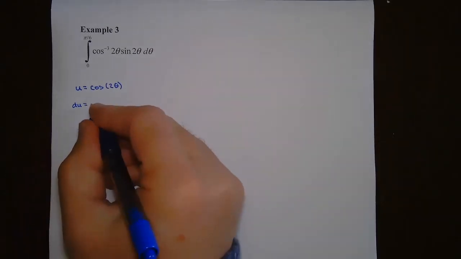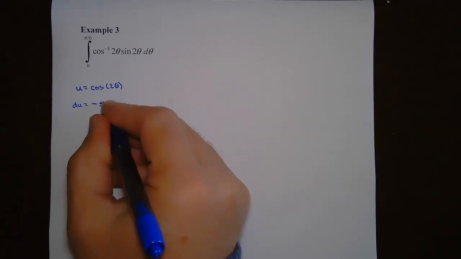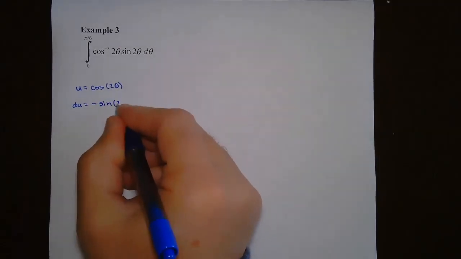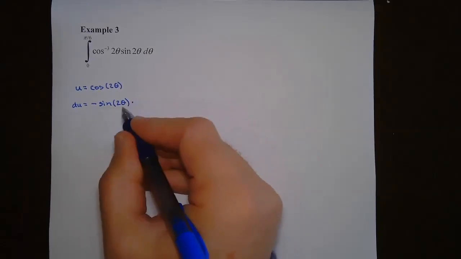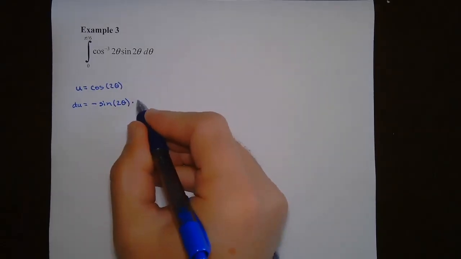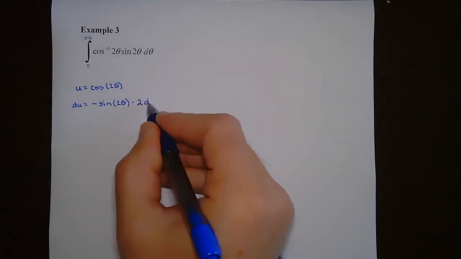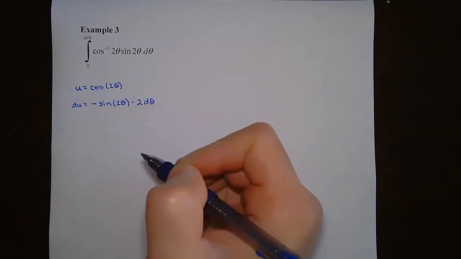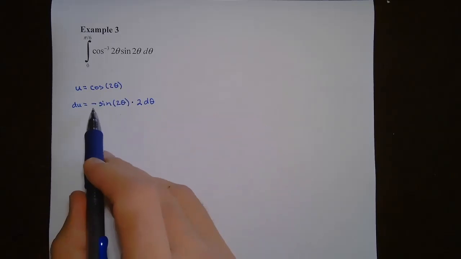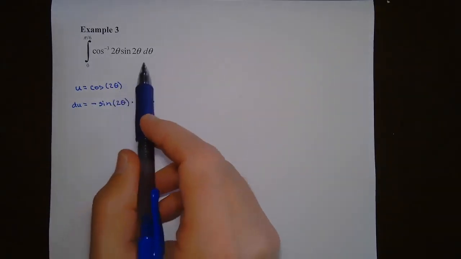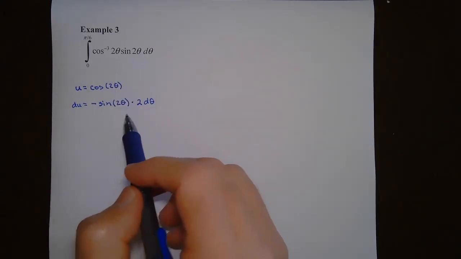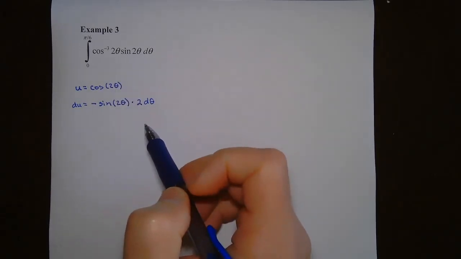So it's going to be negative sine of the same angle 2 theta times the derivative of 2 theta, which would be 2, and then d theta. So really the negative and the 2, I'm going to need to get that in somehow into the integral, right? And that's easy because those are just constants.